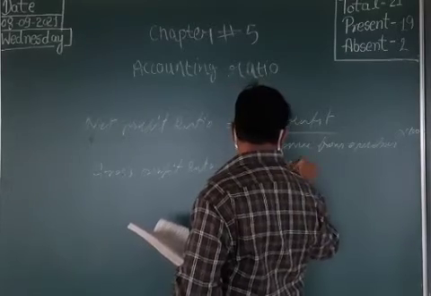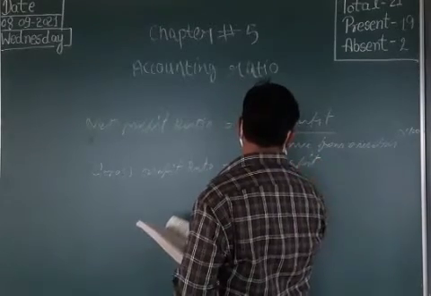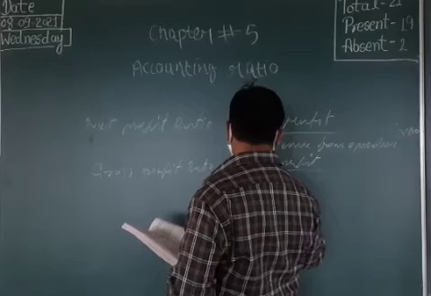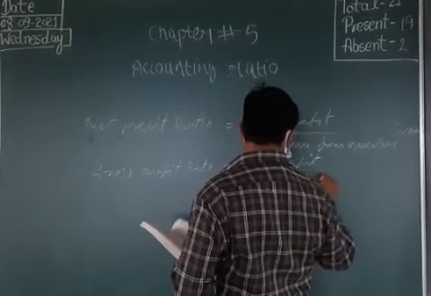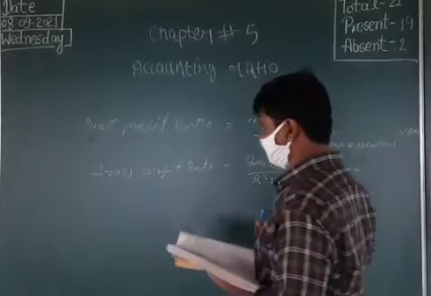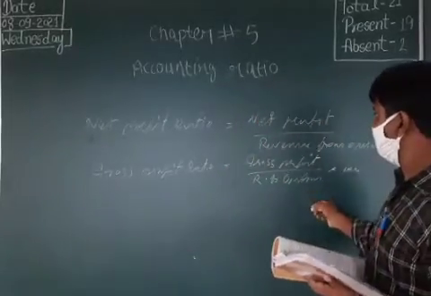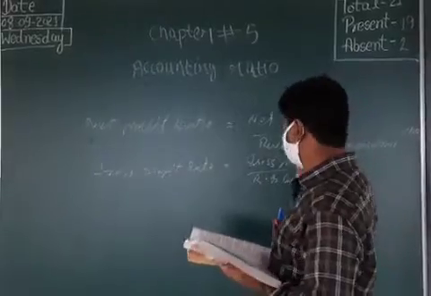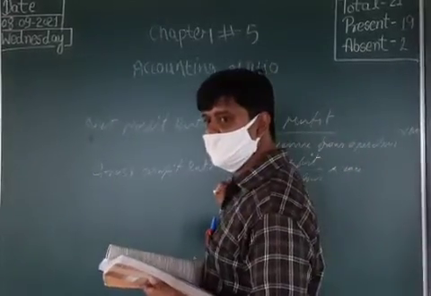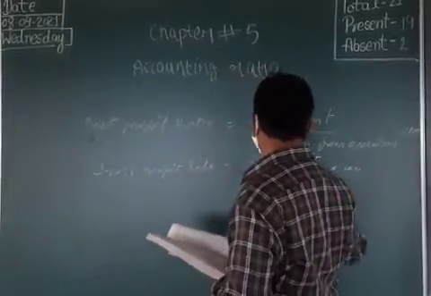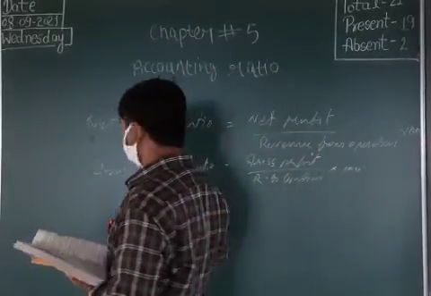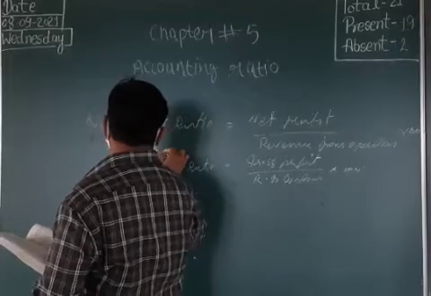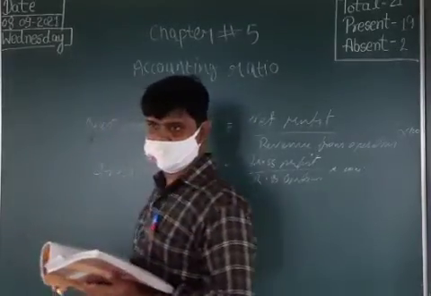Gross profit upon revenue from operation into 100. When we do this, we get the percentage as 25. That means this amount is 25%.